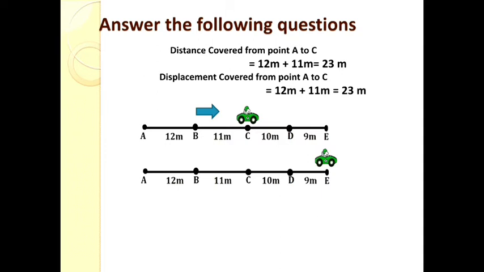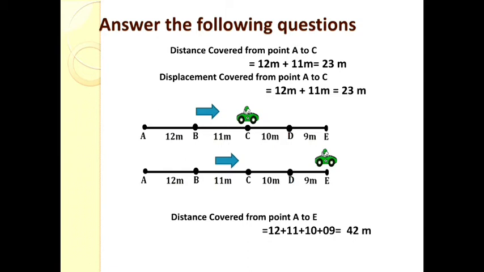See the next picture. The car has reached point E. Now what is the total distance and displacement covered? The total distance covered from point A to E is equal to 12 plus 11 plus 10 plus 9. The sum is equal to 42 meters.